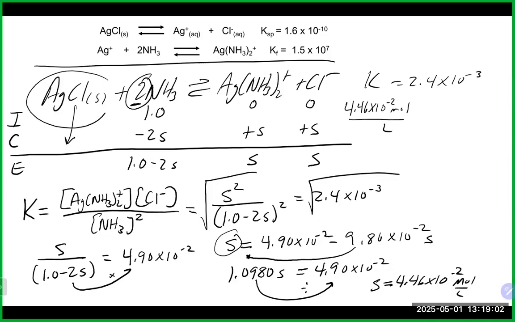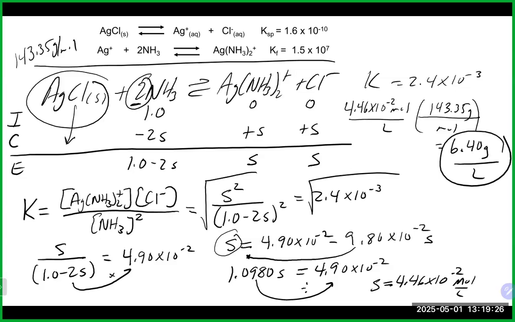We would use the molar mass of silver chloride from the periodic table, 143.35 grams per mole. So that would tell us that in this particular case, we would end up with about 6.40 grams per liter will actually be soluble in the ammonia.